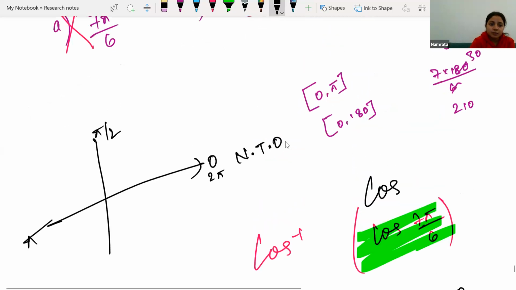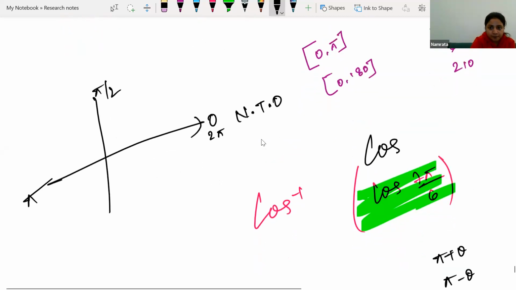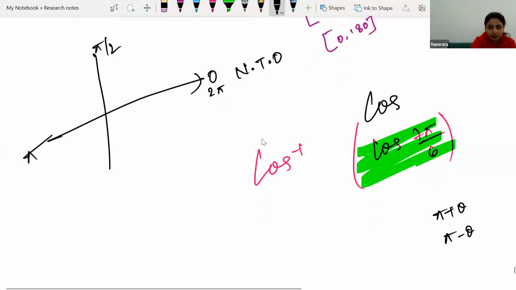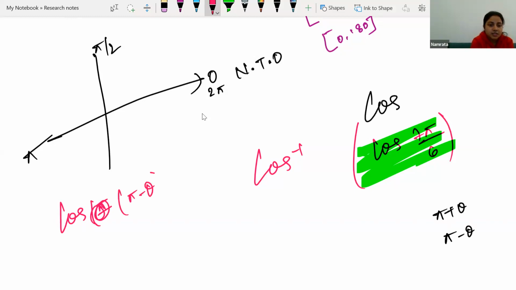Okay, so if we take cos of pi minus theta, that is coming in the second quadrant, and the result will be negative.